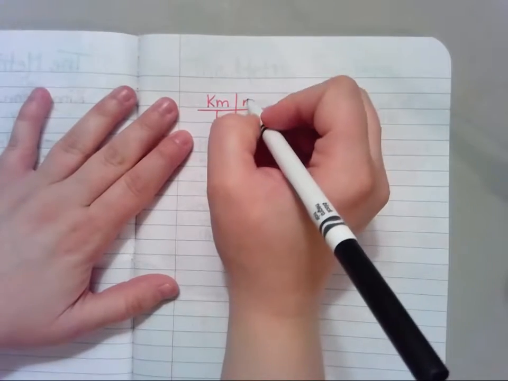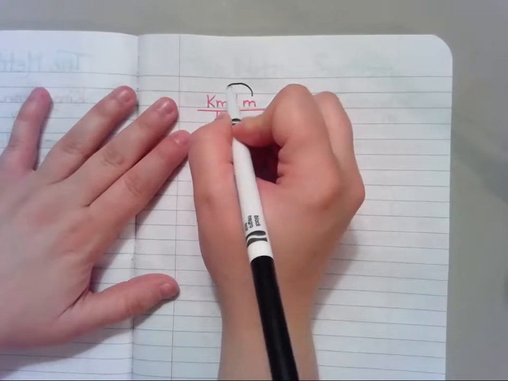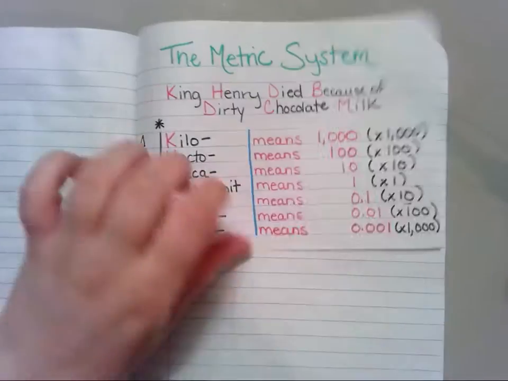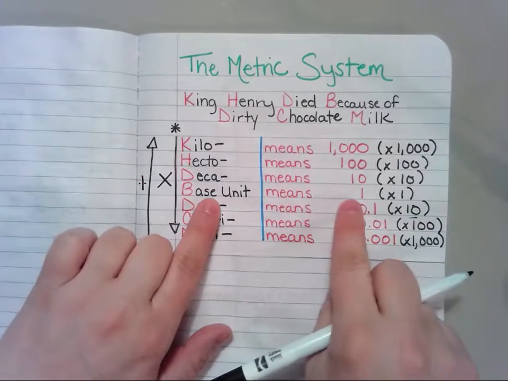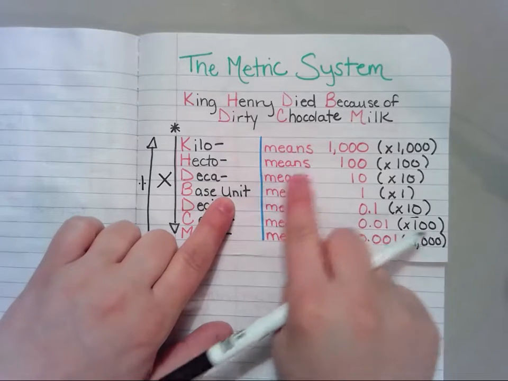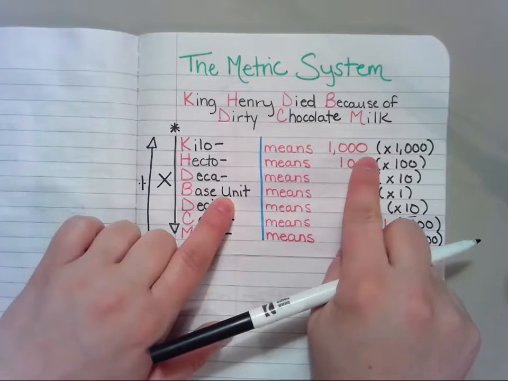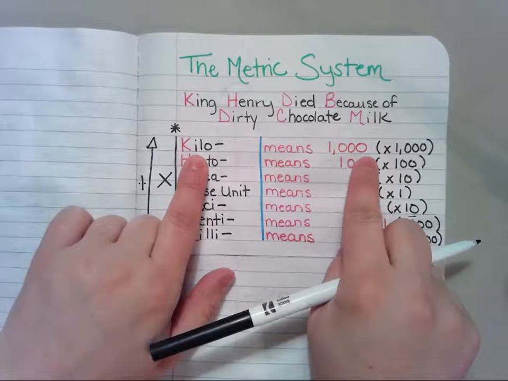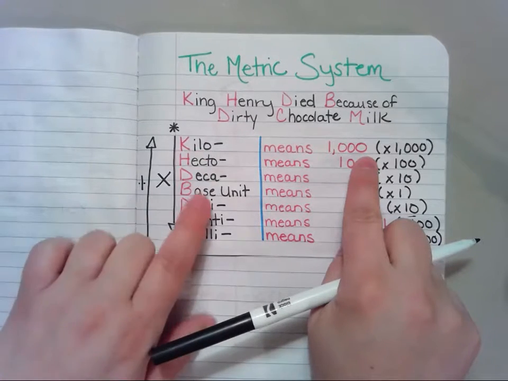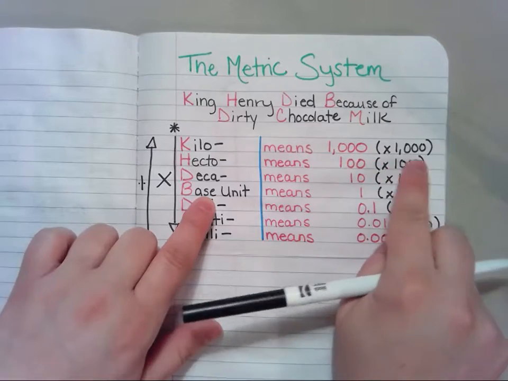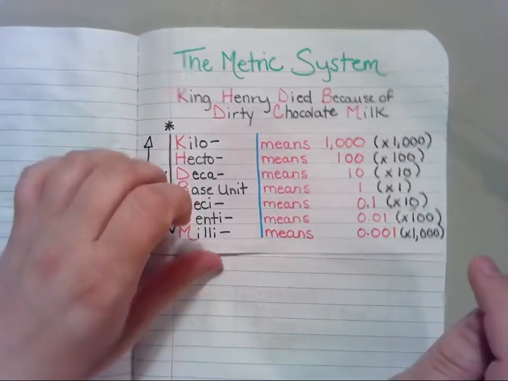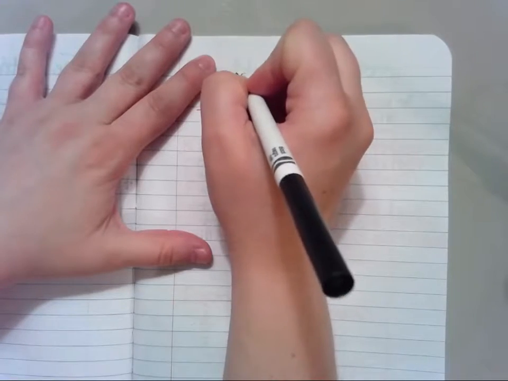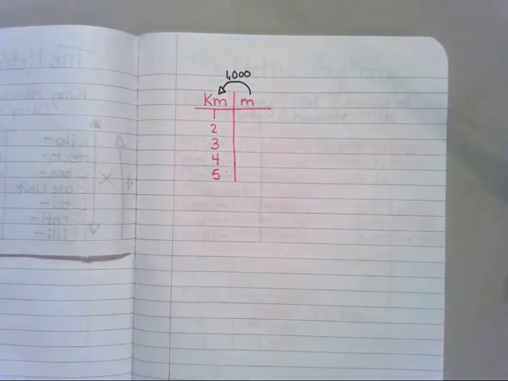So we need to ask ourselves first, how many meters are in a kilometer? Well, if I go back here, it's going to take me 1,000 of whatever my base unit is to equal a kilometer. When I'm going from a kilometer to my base unit, I multiply by 1,000. So there are 1,000 over here.